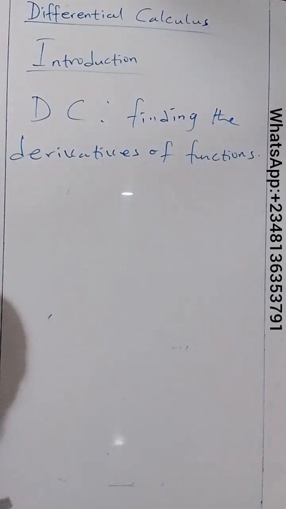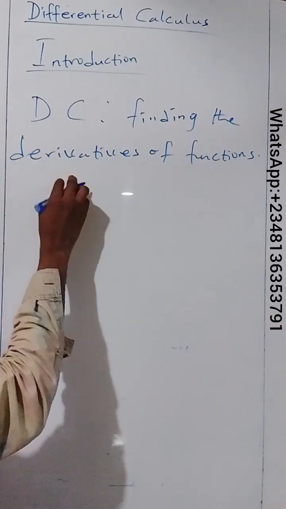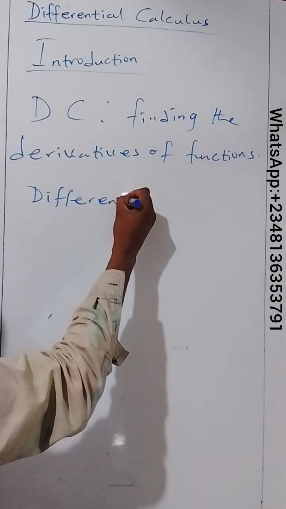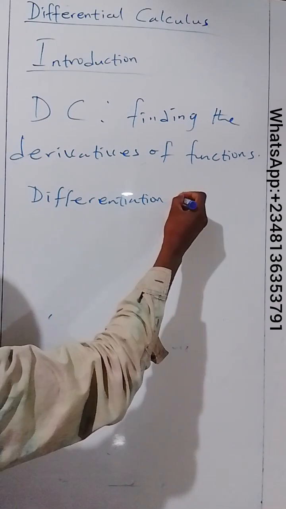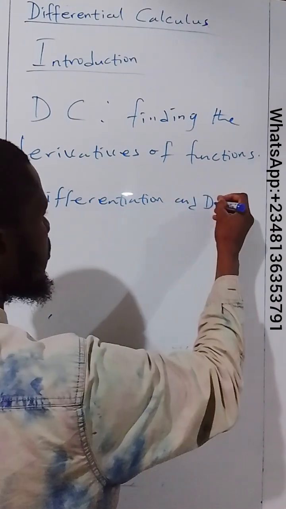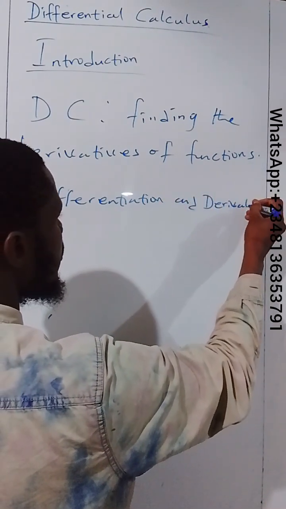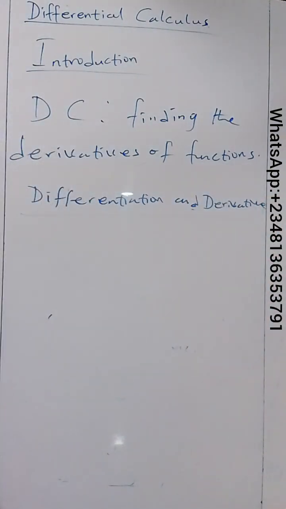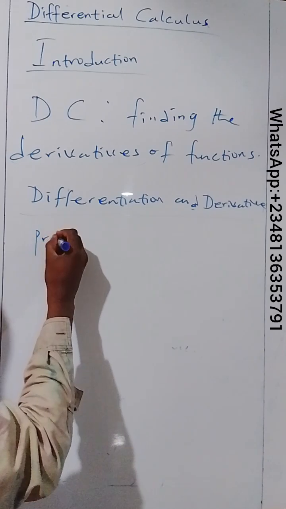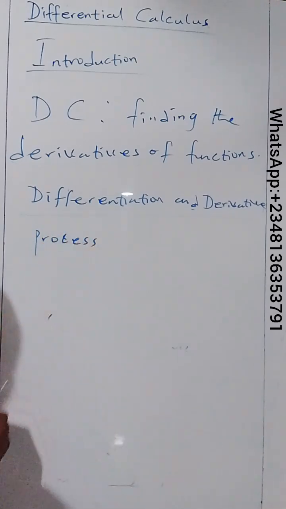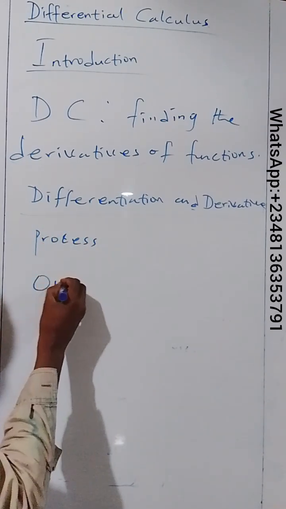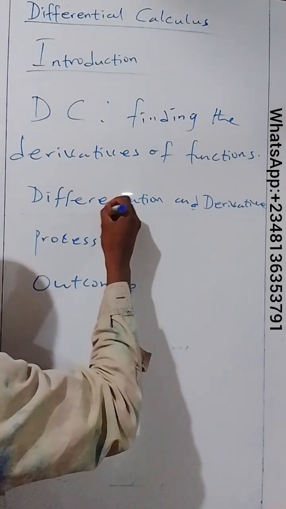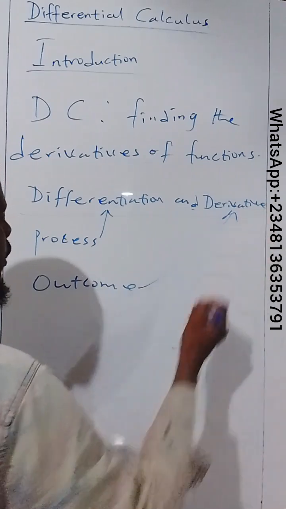So now, what is the distinction between differentiation and derivative? One is the process, the other one is the outcome. So differentiation is the process while derivative is the outcome.